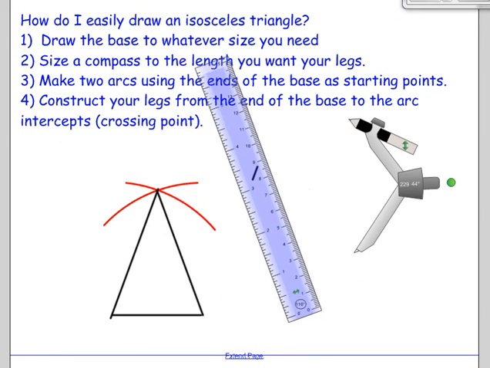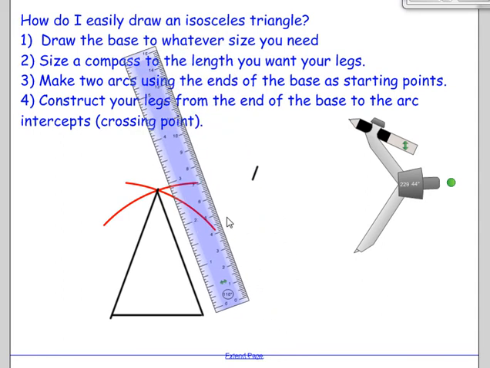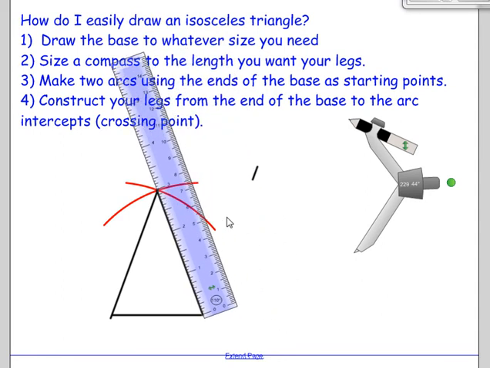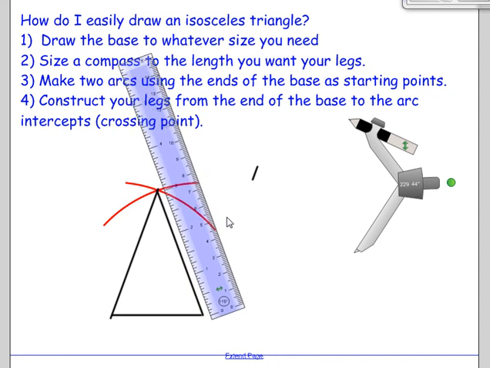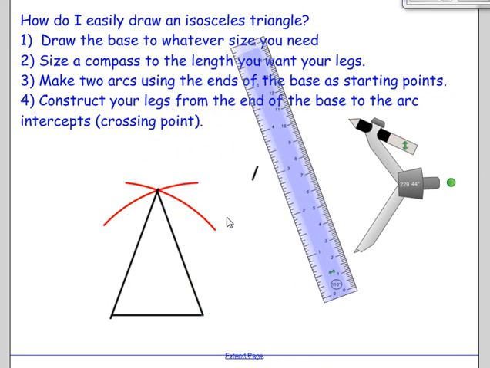And voila, I have myself a nice isosceles triangle. And if I wanted to measure it, I put my ruler on there and see that the leg is in fact 3 inches long, exactly what I wanted. Okay, so fairly simple to draw an isosceles triangle, just using a compass and a straight edge.